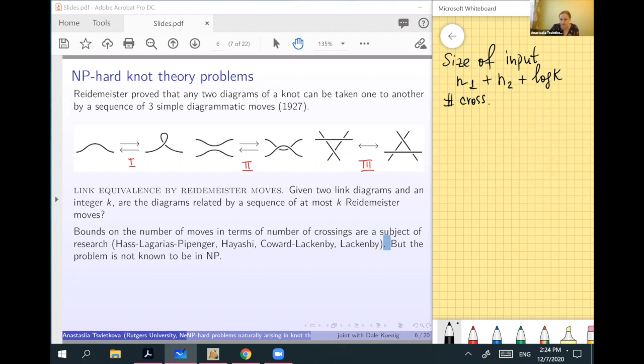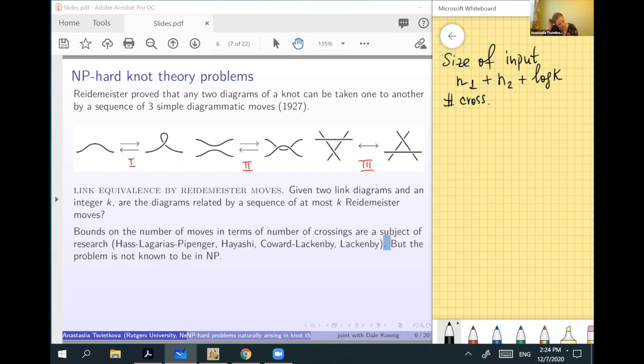And so if you, for example, try to say my certificate is k diagrams between one link and another link, it won't be a polynomial certificate. It will be exponential in terms of log k. Therefore, you have to be careful with what your certificate is. But you can say that my certificate is my moves. I can specify what my Reidemeister moves are, and where they are.